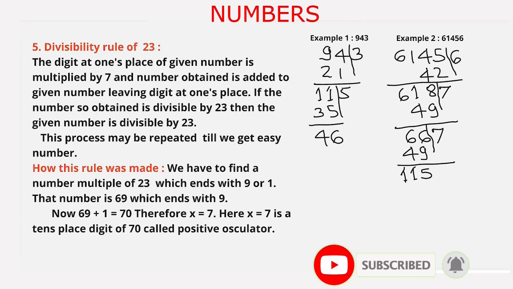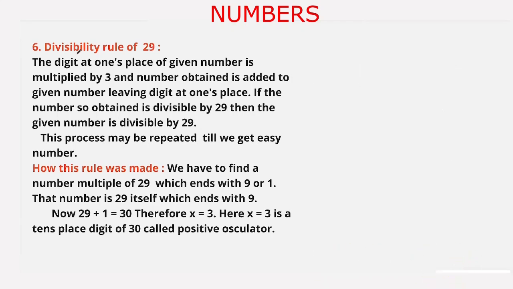We go to the divisibility rule of the next prime number, which is 29. Point 6, divisibility rule of 29. The digit at ones place of the given number is multiplied by 3 and the number obtained is added to the given number, leaving the digit at ones place.